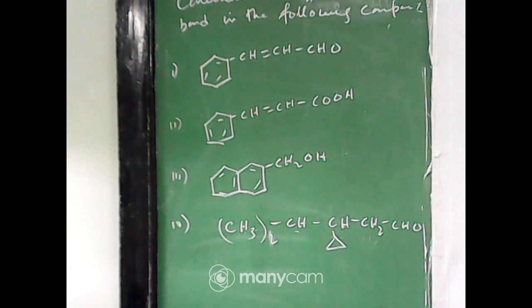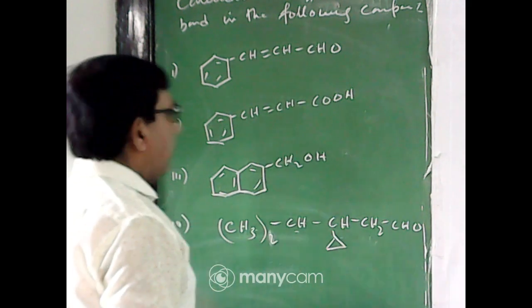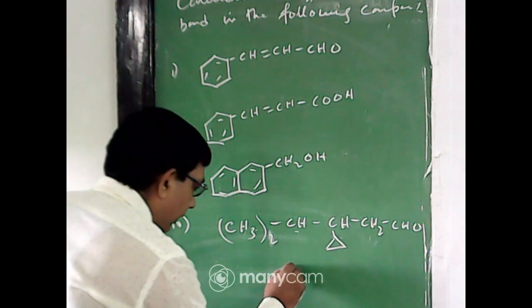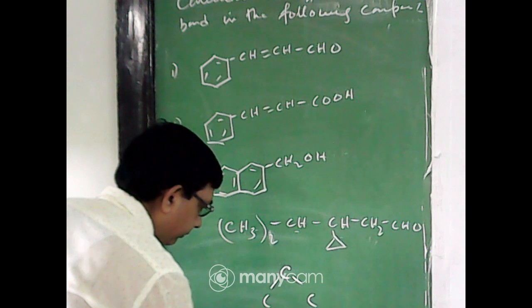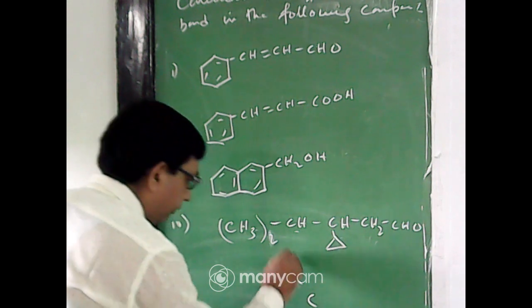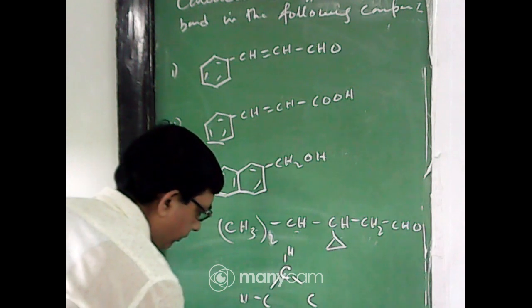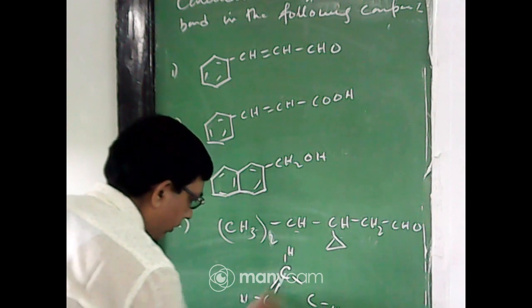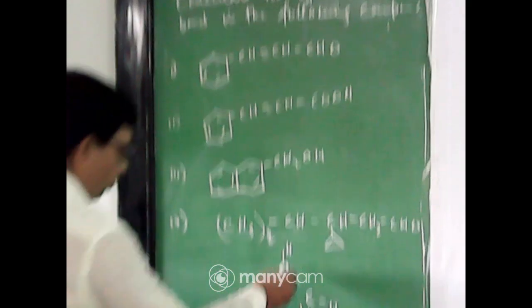First remember, see, this is the structure of benzene. How many sigma bonds?